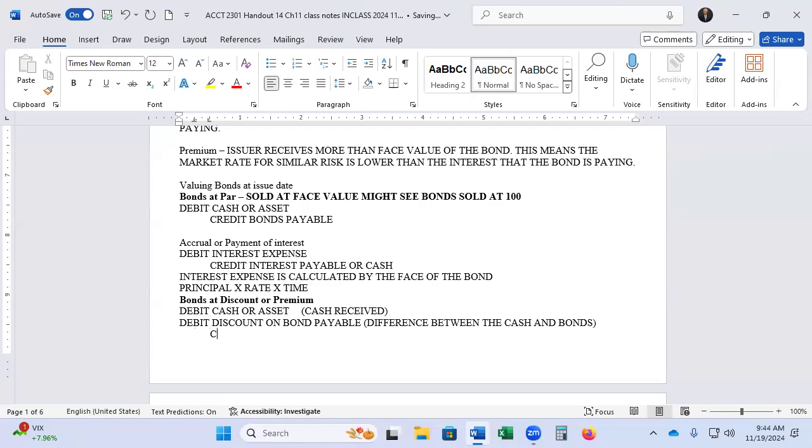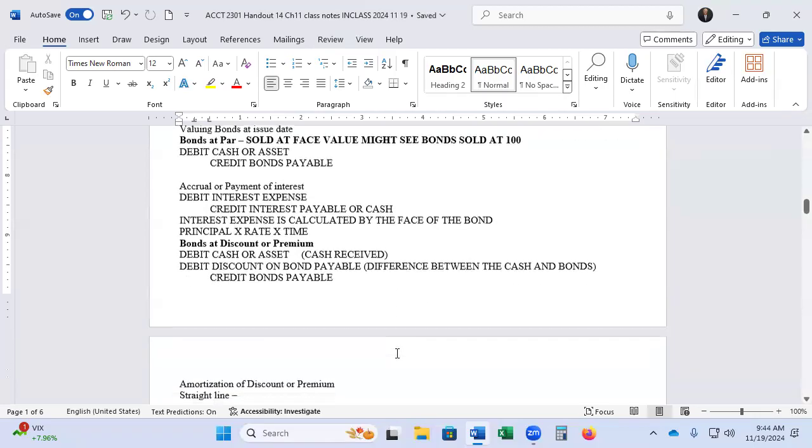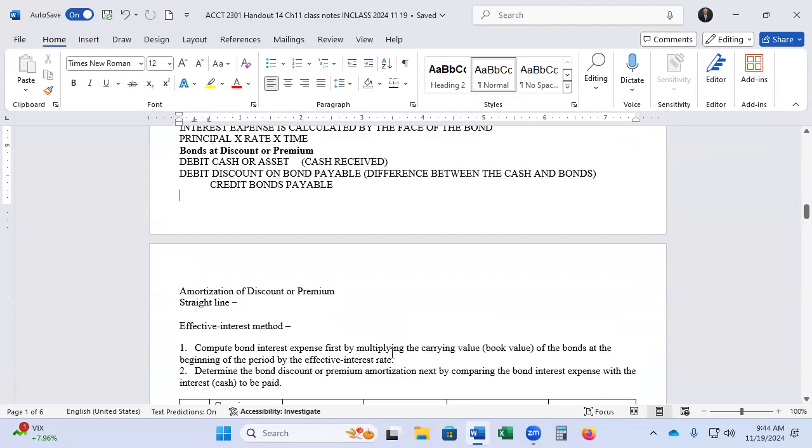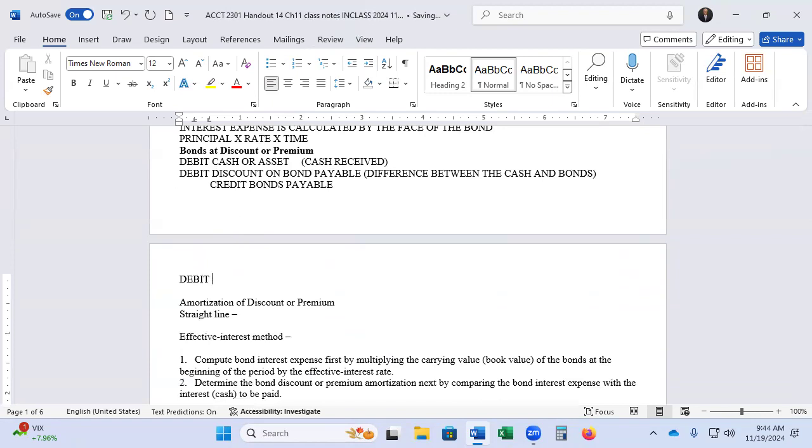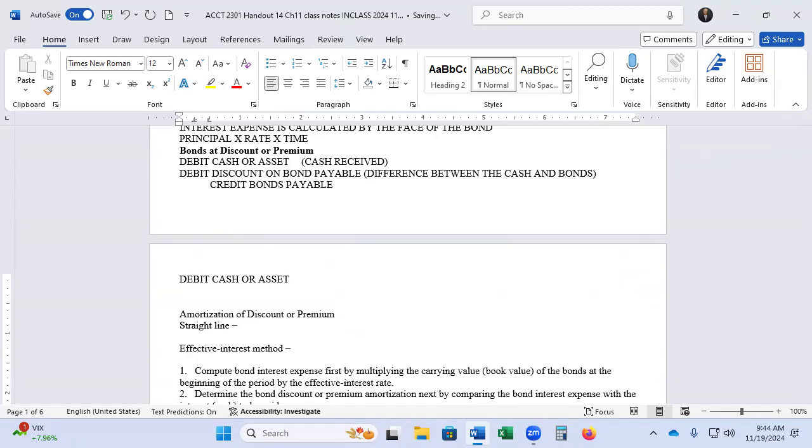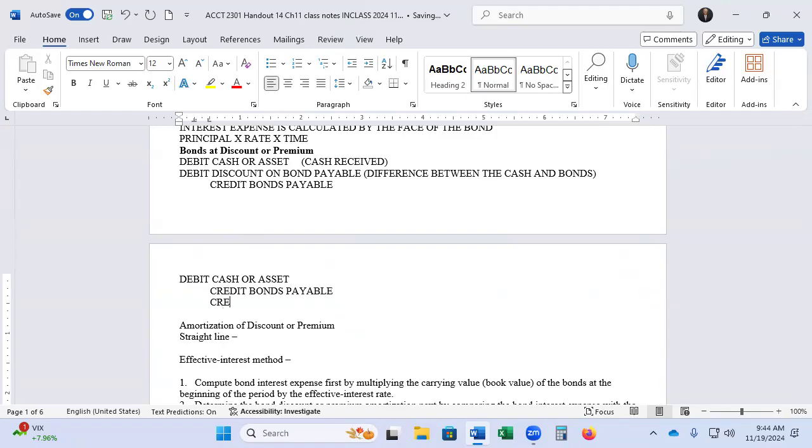And then you would credit bonds payable. And then bonds sold at a premium would be a debit to cash or asset, a credit to bonds payable, and then a credit to premium on bonds payable.